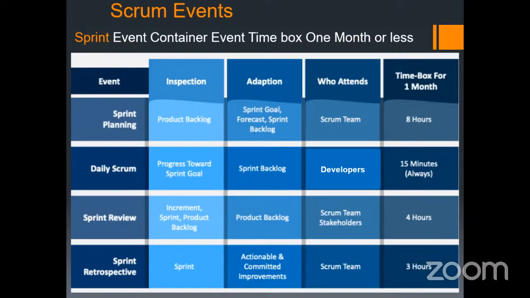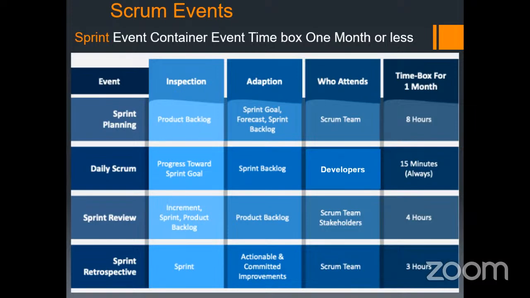For sprint planning, we are inspecting the product backlog, and what we are adapting is the sprint goal and sprint backlog. The product backlog is already prepared by the product owner. Now this product backlog artifact will be considered in sprint planning, and then we are adapting it for the sprint goal and sprint backlog.